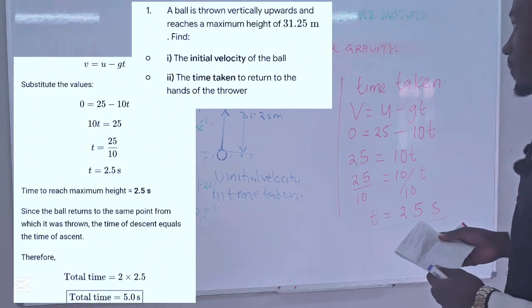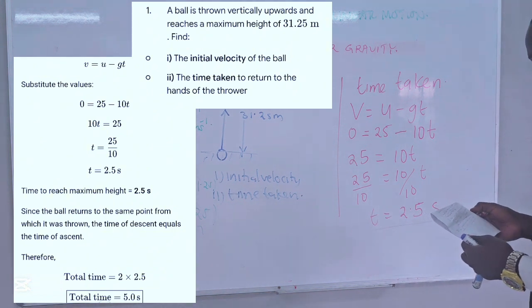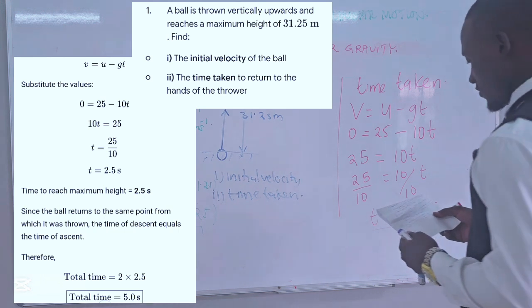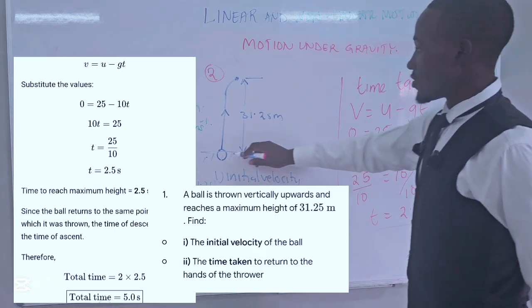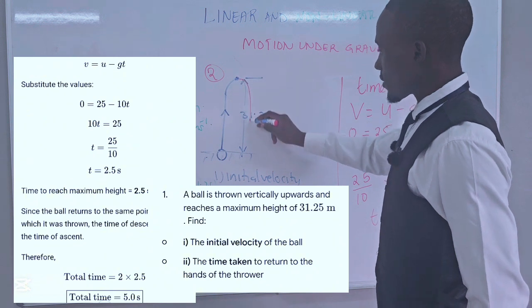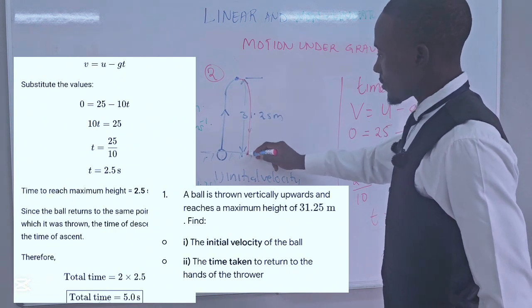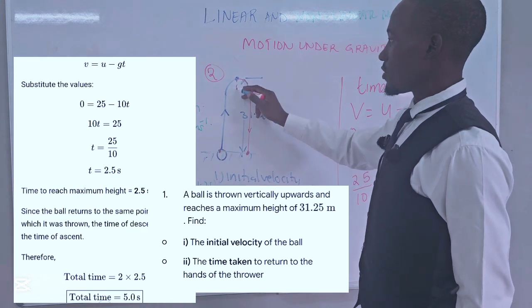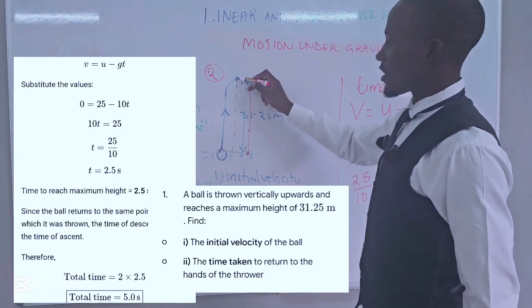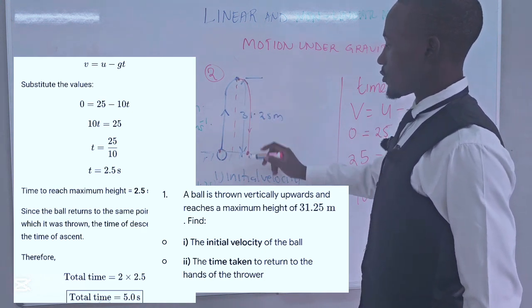There you go. Then the time taken to return to the hands of the observer: it goes and then it comes back. So the time taken from here to this point is the same as the time taken from here to this point.